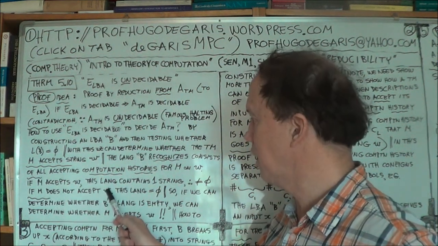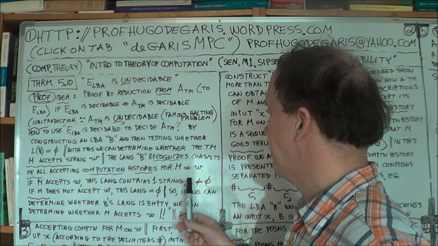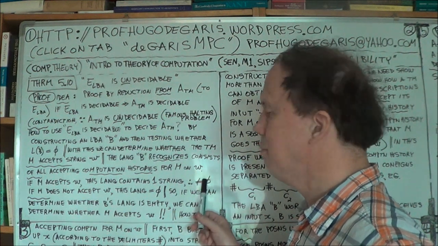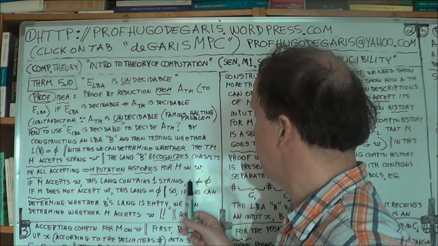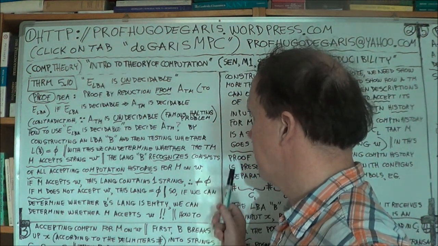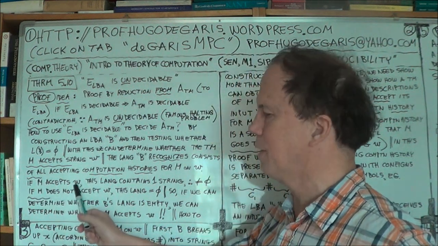We know that. And the other way, if the size of the language of B is 1, so it's either 0 or 1, well, if it's 1, therefore it's not 0, and we know that M, the LBA, accepted W.